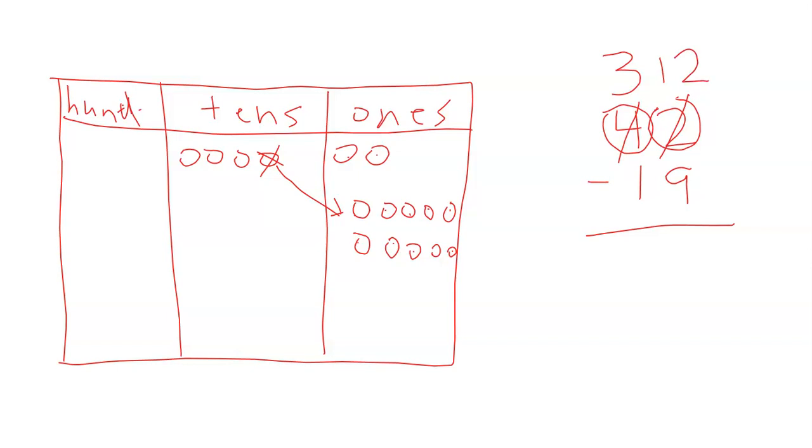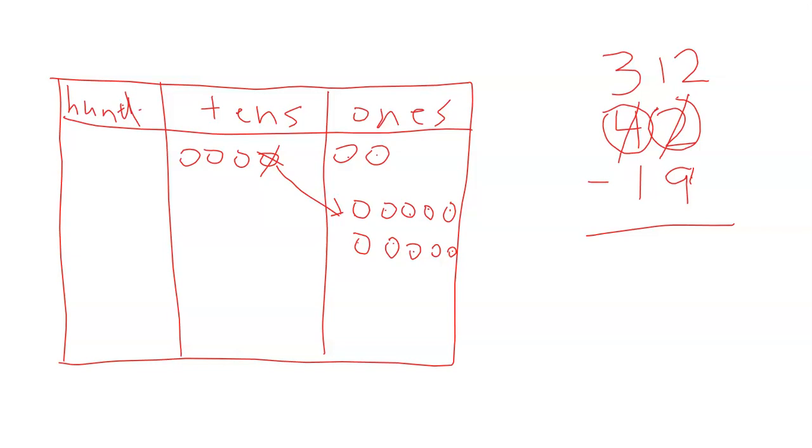Okay? So now I want to look at my place value, or my algorithm here. I need to make sure I have enough ones to subtract. I have 12 ones, and can I take 9 ones away? I absolutely can. All right, so let's see what that looks like on the place value chart. So on the place value chart, if I want to subtract ones, I can do one of two things. I can either erase or I can just cross them off.